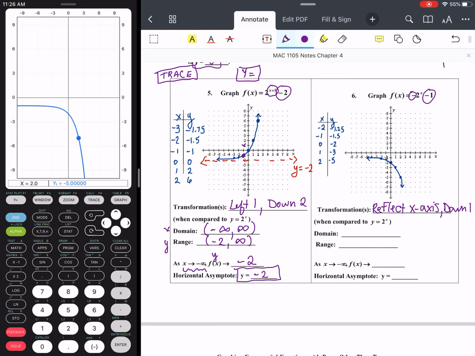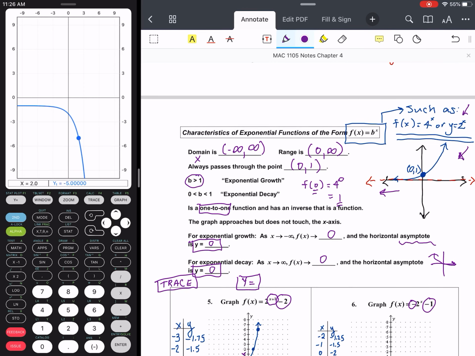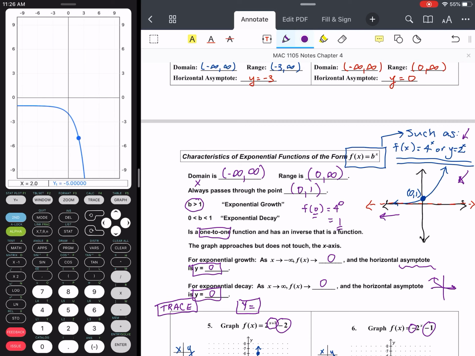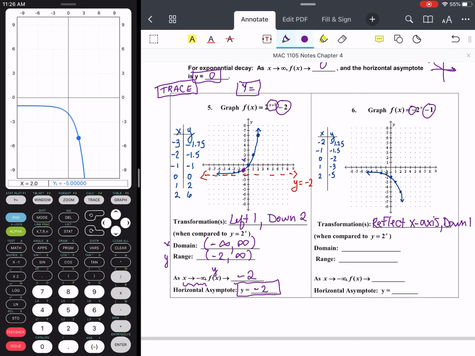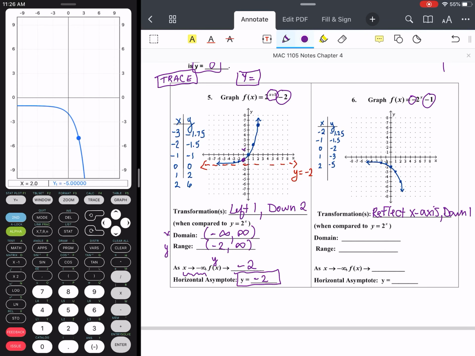All right, so remember our basic vanilla exponential functions pass through that point 0, 1. So if we think of taking our initial point 0, 1 and reflecting that about the x-axis, that puts us at 0, -1. Shifting it down 1 further puts us at that point 0, -2.